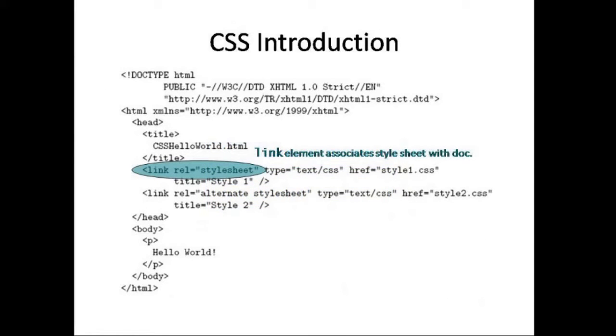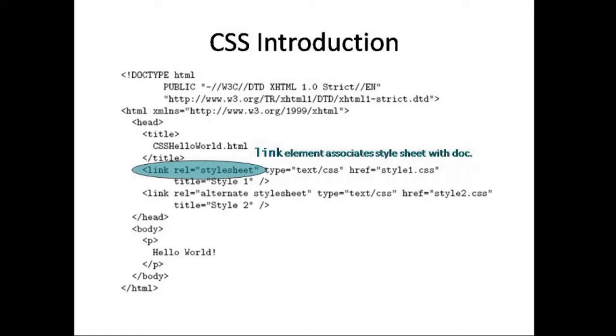Now when you have to provide the Cascading Style Sheets, in the head tag you either link the style sheet already designed as a .css file, suppose style1.css, and then you can provide the title. Then you can link the file by providing the link tag and the rel to be the alternate style sheet, or to be the style sheet, to tell the document object model that you're going to link a style sheet.